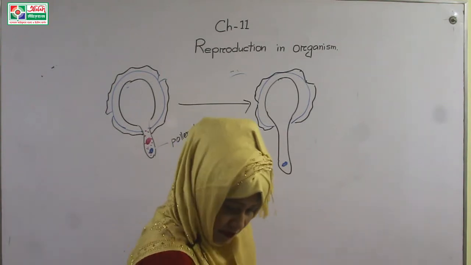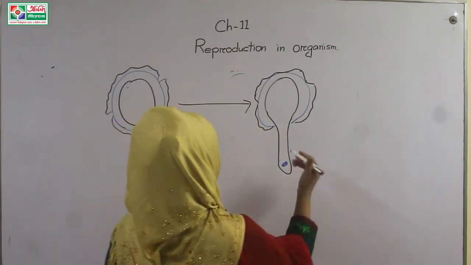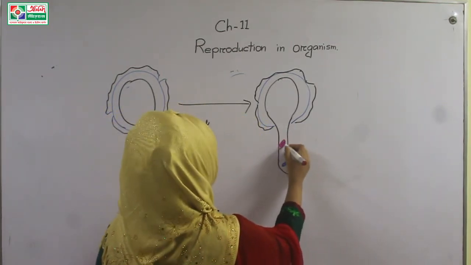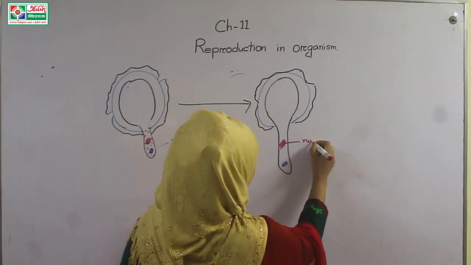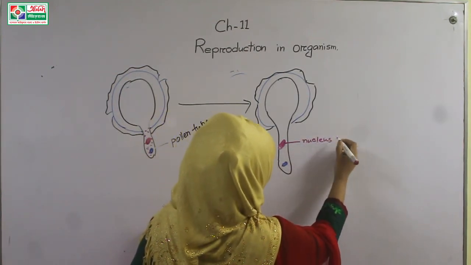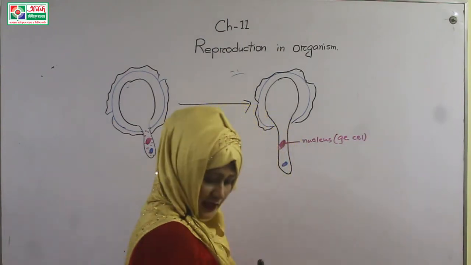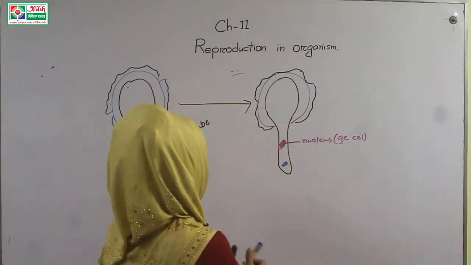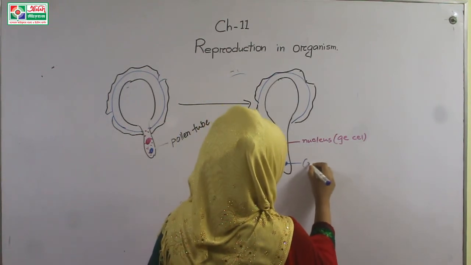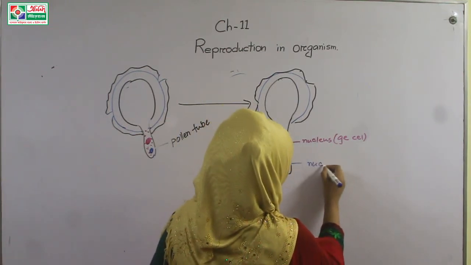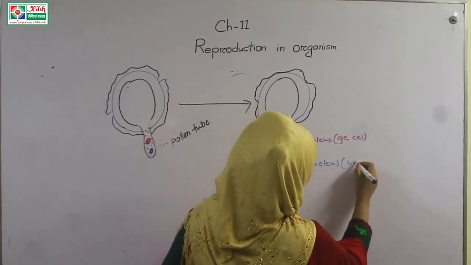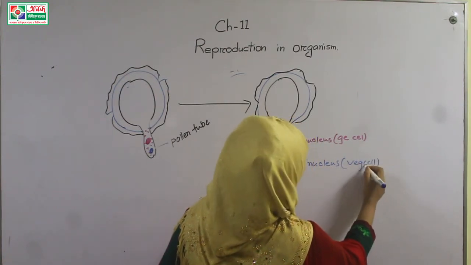What did I say? I told that suppose this one is the nucleus of the generative cell, and the nucleus of the vegetative cell. What happens now?